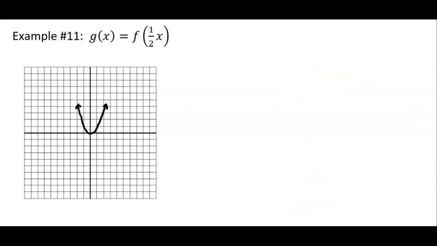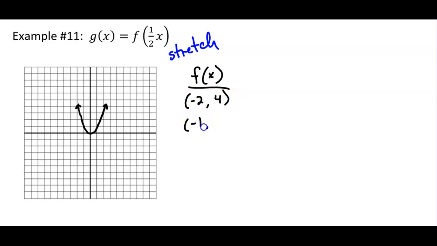There we go. All right, so now we have one more, and this has a horizontal stretch. So what we're going to do is take our inputs, and we're going to have to double them. So if I make a table of values here for f of x, or just ordered pairs, either way, we had ordered pairs like -2, 4, and -1, 1, and 0, 0. And it's probably not super exciting to see, but that's okay.